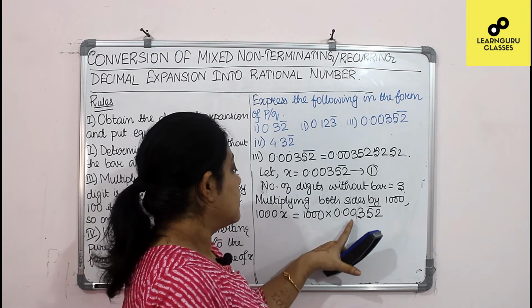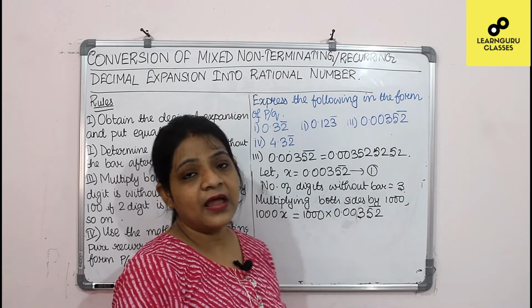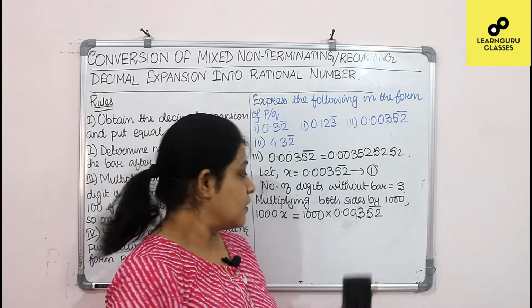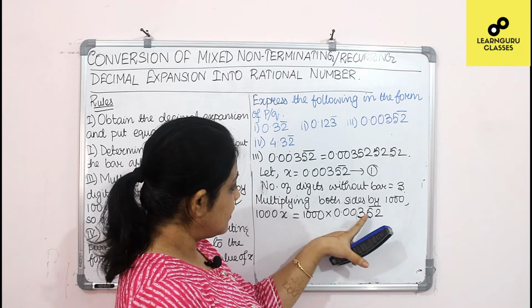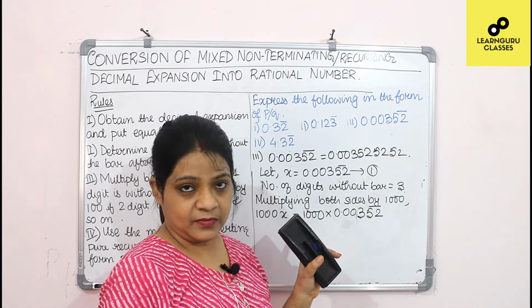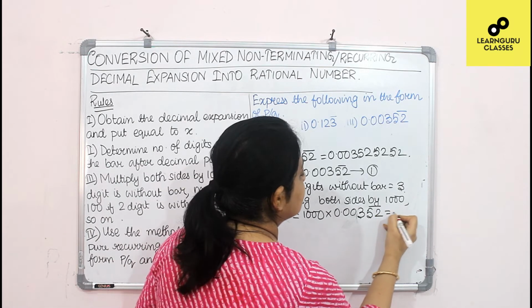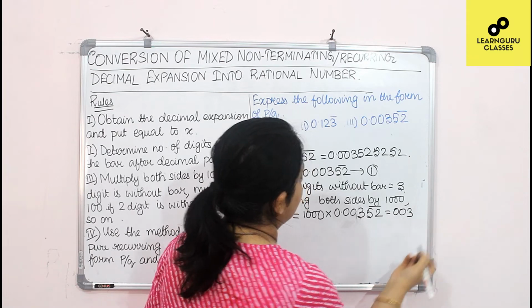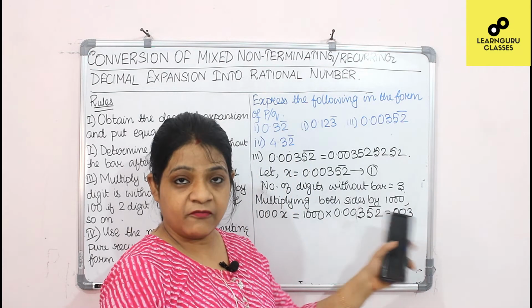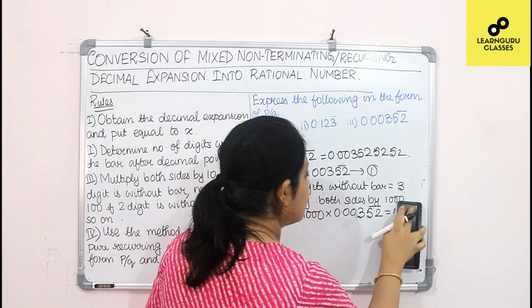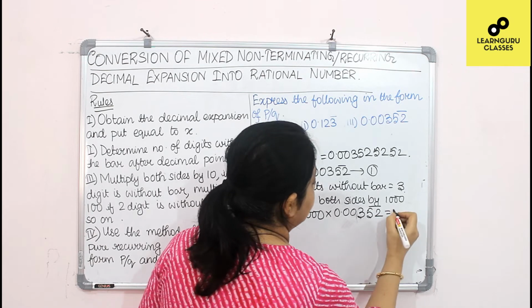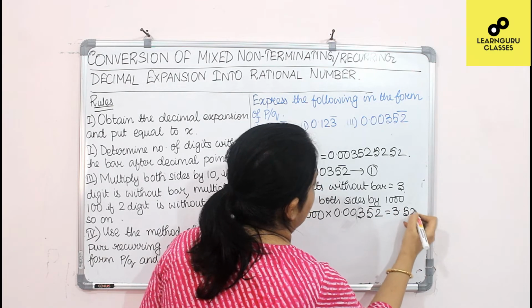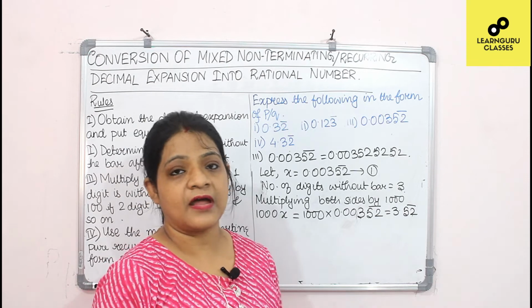Now as you are multiplying it with 1000, 3 digits will be shifted before the decimal. So it is 0003. If you write, it's of no use before the decimal point. So we can just write it as 3.52 bar.